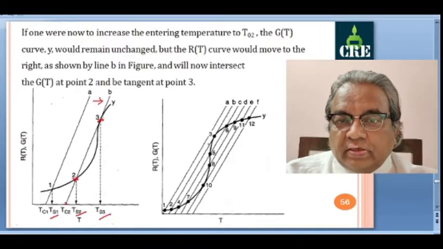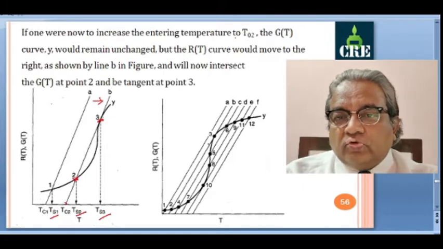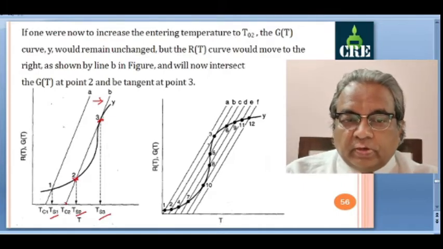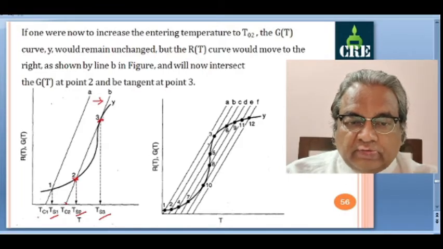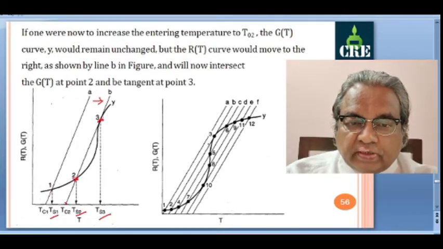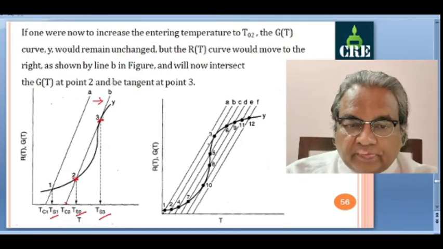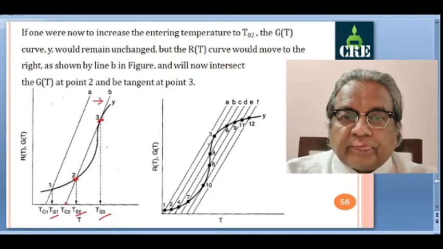So as we increase the temperature T0 from T01 to T02 for the second curve, your Tc value changes from Tc1 to Tc2. Corresponding values now, in addition to Ts1, where here it was only one steady state, we now have two steady states corresponding to this removal curve B, Ts2 and Ts3.